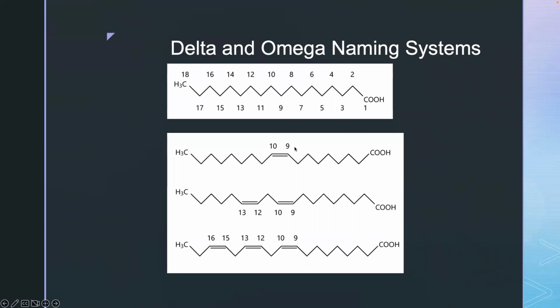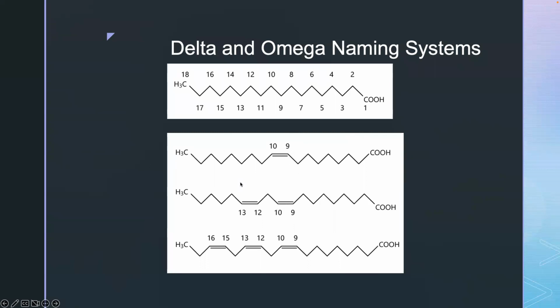Then as a superscript to the 1, you're going to put a delta and then a 9. So the full name of this in the delta naming system is 18 colon 1 superscript delta 9, and that is just showing that our double bond begins at the 9th carbon.